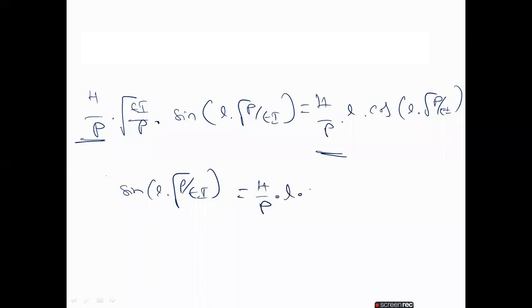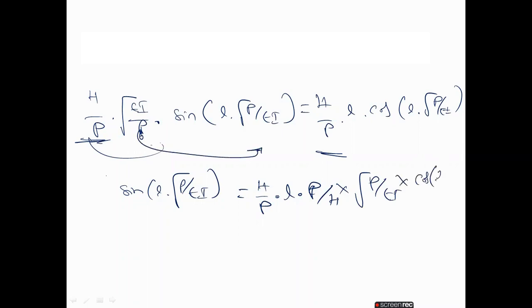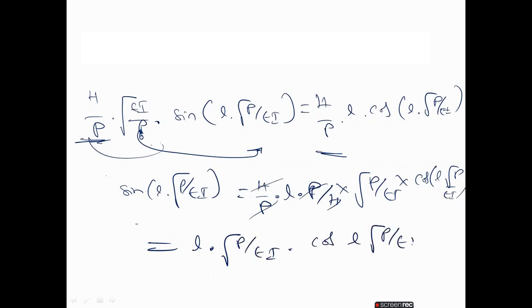The L and p by h, this one if sent to the right hand side, then square root of p by ei, this one also if you send to the right hand side, multiplied with cos L into square root of p by ei. The next step from this, this one cancels. So then L into square root of p by ei into cos L into square root of p by ei.